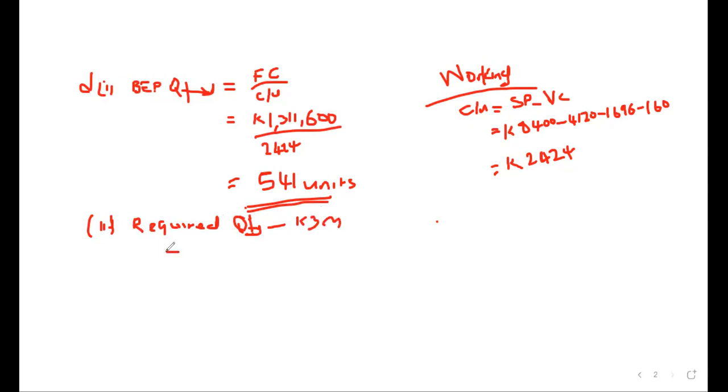So the formula, as usual, is fixed costs plus target profit over contribution per unit.